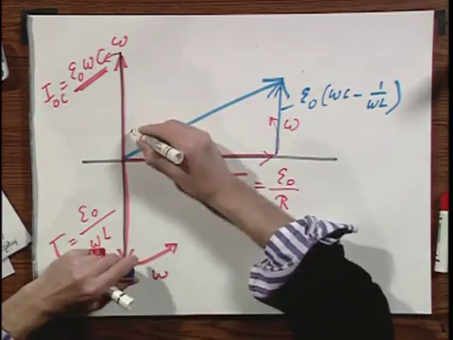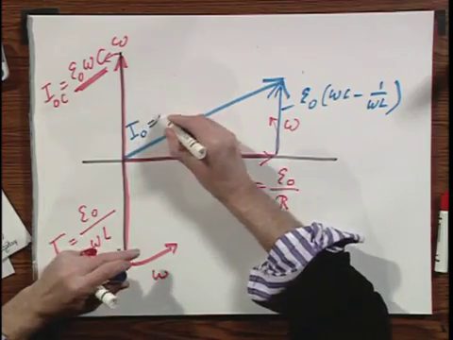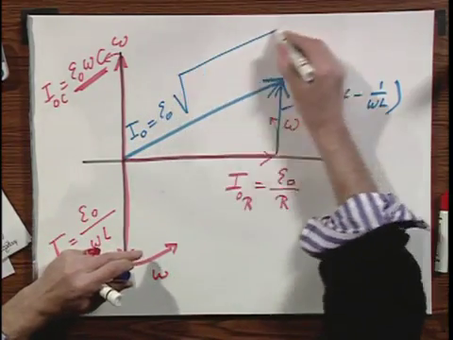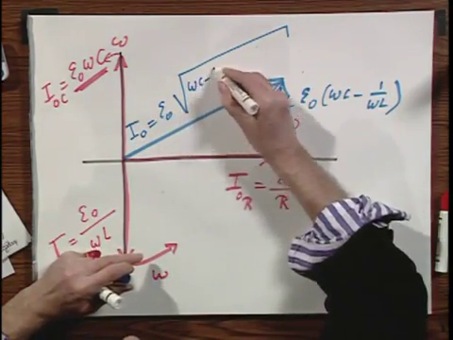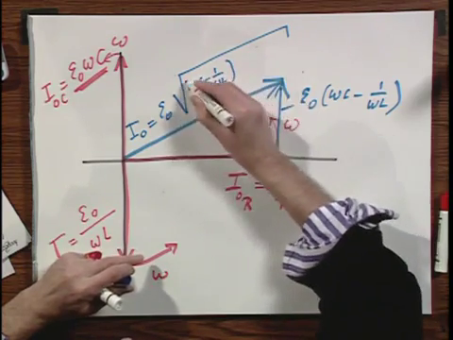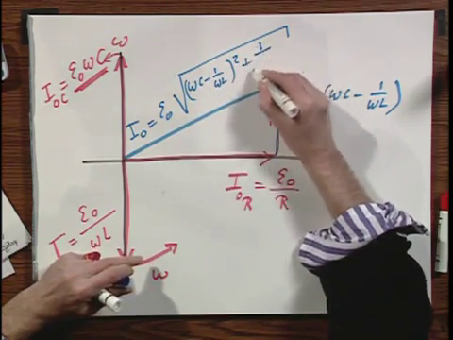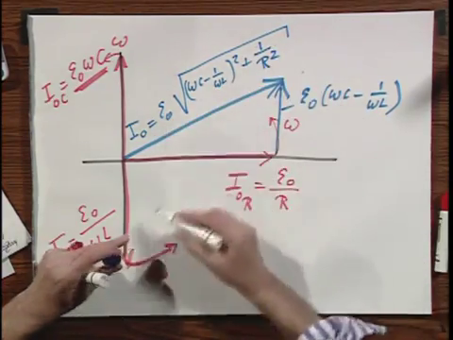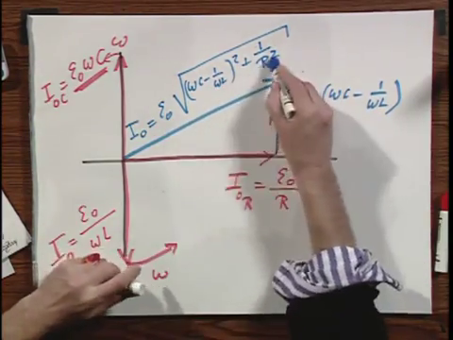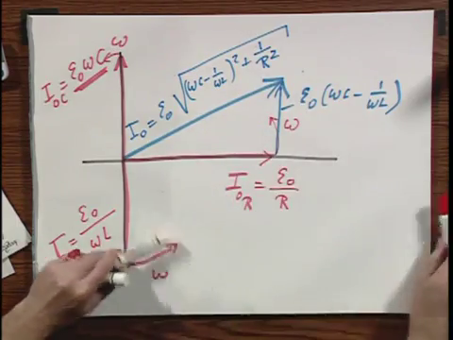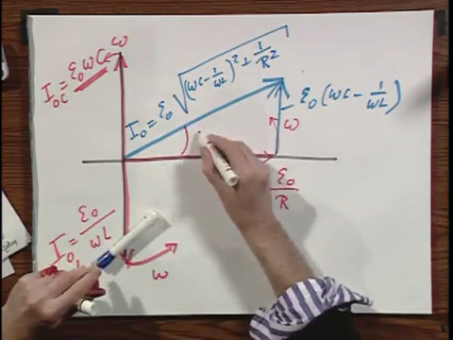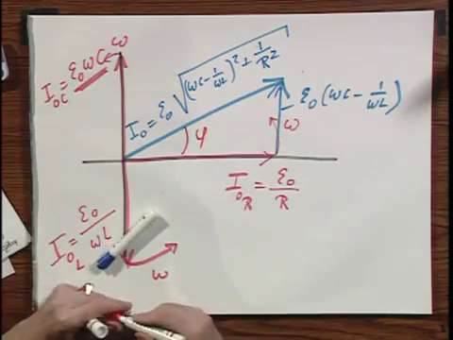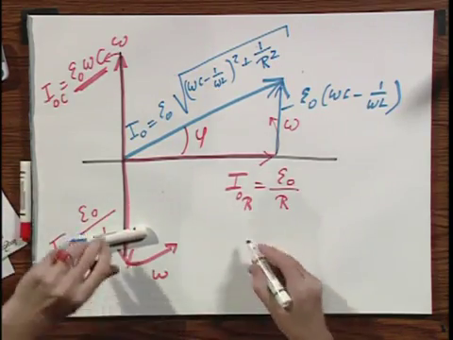Then this current I0, which is the amplitude, equals E0 times the square root of (omega C minus 1 over omega L) squared plus 1 over R squared. Be careful, this may look similar to the one you have seen in a series, but it is very different. And the angle phi, the way we define that, follows immediately also from this phasor diagram.